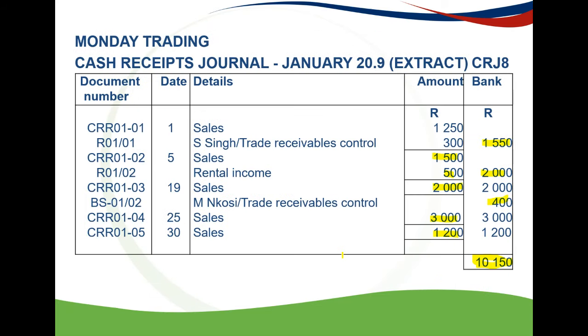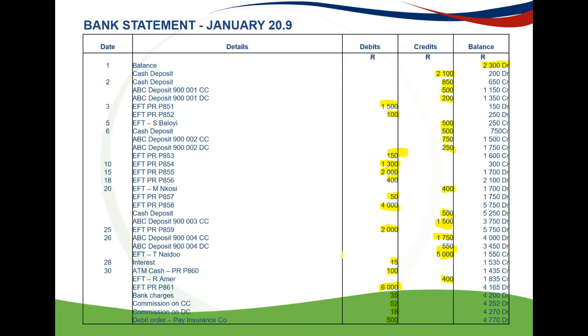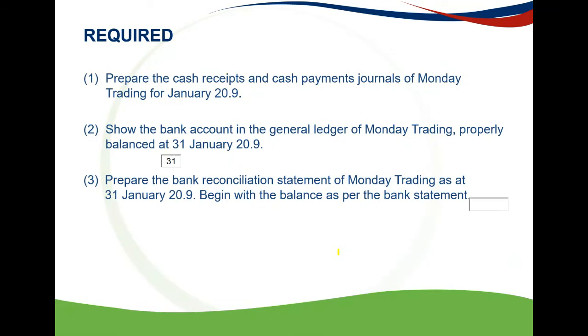We've only shown it as 600, so we must record the difference between the amount of 600 and 6,000, which is the 5,400. So that we must still record.